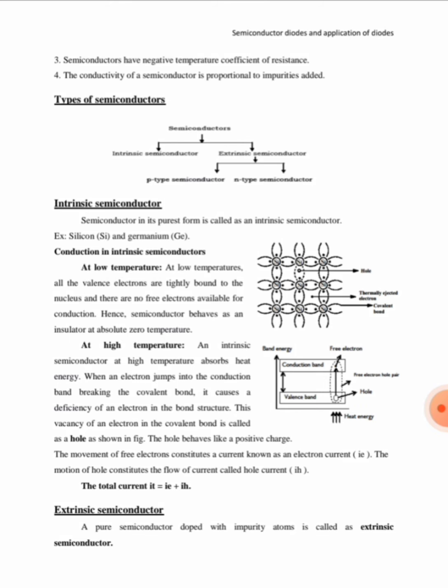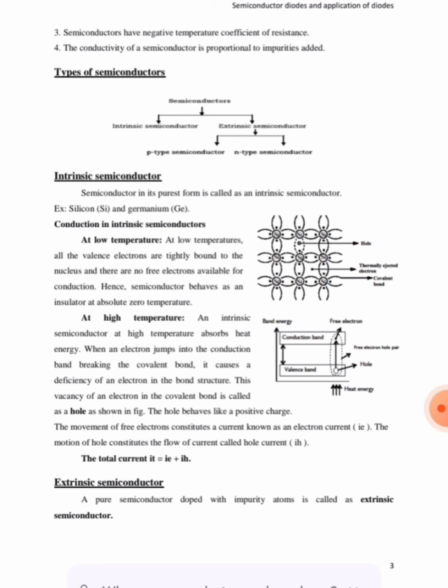Let us first try to understand what exactly is the meaning of intrinsic semiconductor. The semiconductor in its purest form is called an intrinsic semiconductor. I already told you the examples of these semiconductors are silicon and germanium.